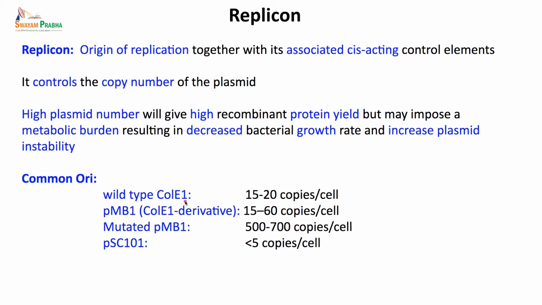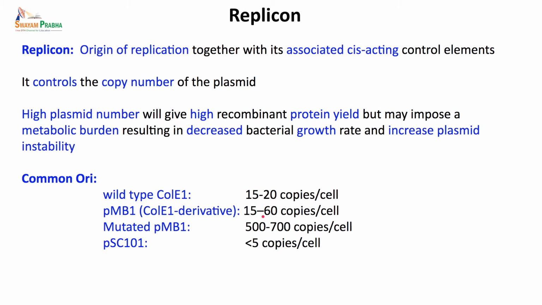And this ColE1 origin basically can control the plasmid numbers and keep it between 15 to 20 copies per cell. There's another derivative of ColE1 which is known as pMB1, and that is a little bit more relaxed, and you can have anywhere between 50 to 60 copies per cell.